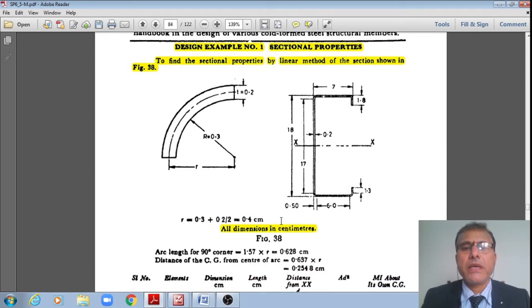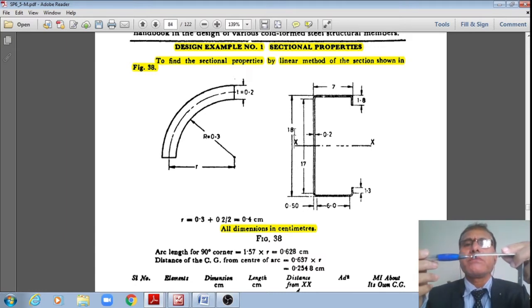section properties. Now all the dimensions are in centimeters here. The flange width is 7 centimeters, the web depth is 18 centimeters, and the lip dimension is 1.8 centimeter.